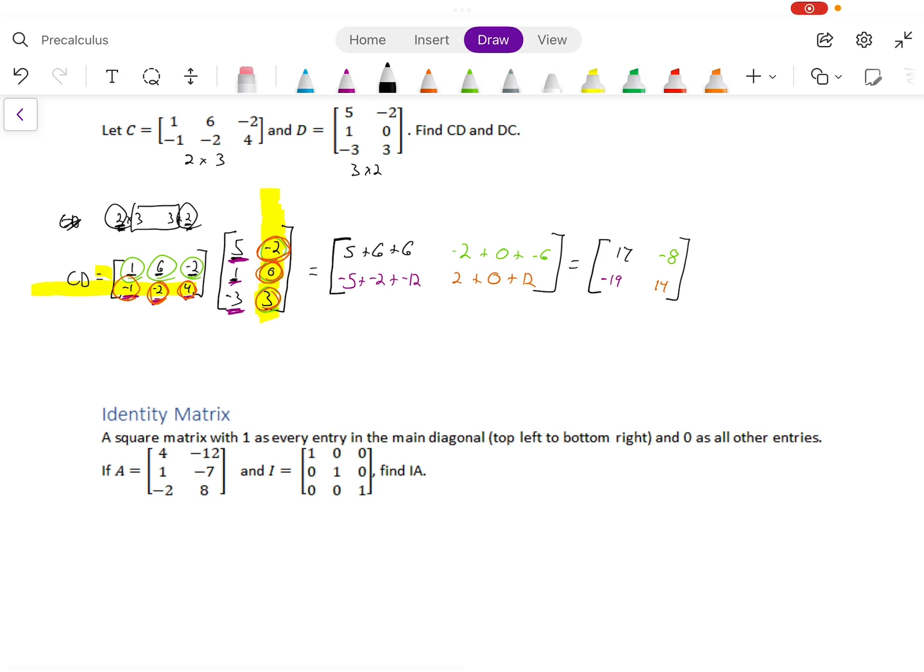If we're figuring this out now, it also asks us to find D times C. Well, that is a 3 by 2 times a 2 by 3. We can do it, and our answer will be a 3 by 3. So let's try it.